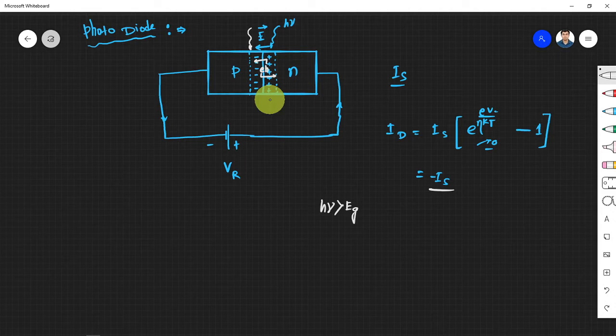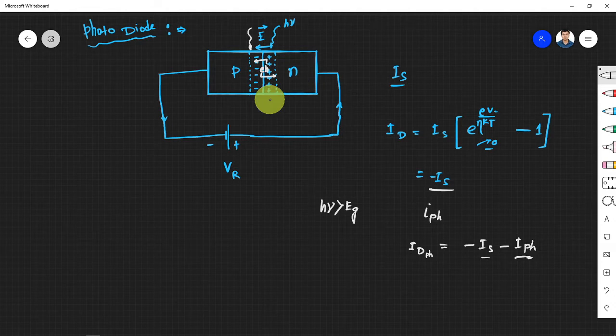This current we define as photocurrent or IPH, so the total diode current under photons will be minus IS minus IPH. So this photocurrent will be added to your reverse saturation current.